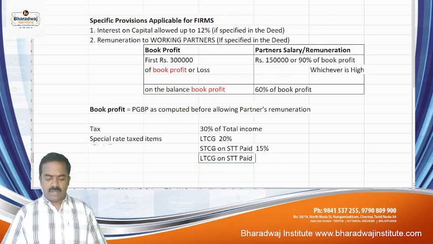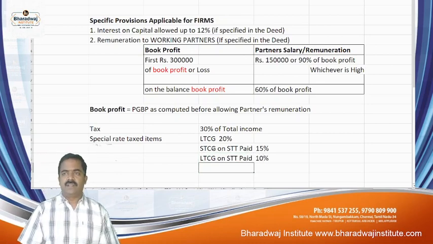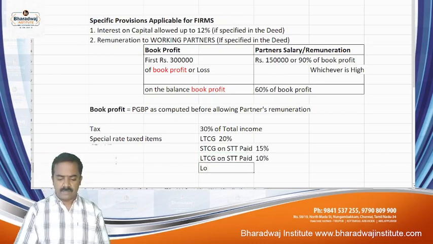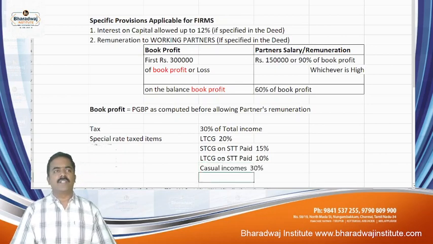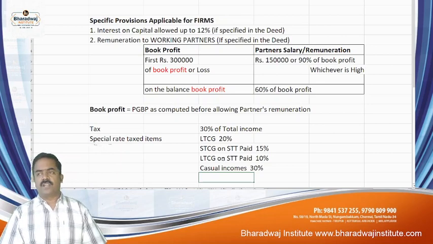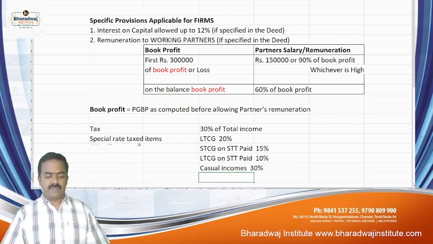Shares. Up to 1 lakh non-taxable. Balance will be taxable at what? 10%. Then the same, the lottery winnings or casual incomes, how much percentage? 30%. All those things remain the same. Surcharge applicable is also the same kind of a thing.